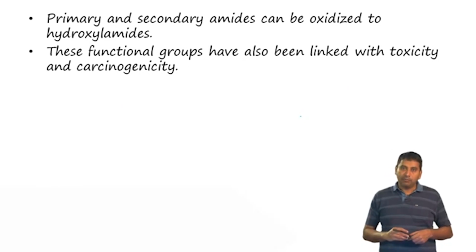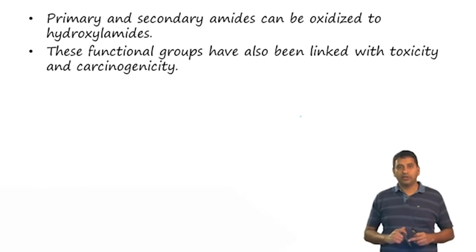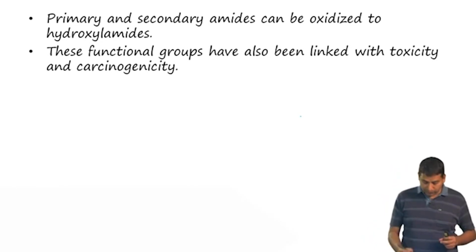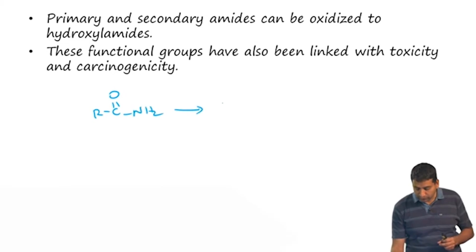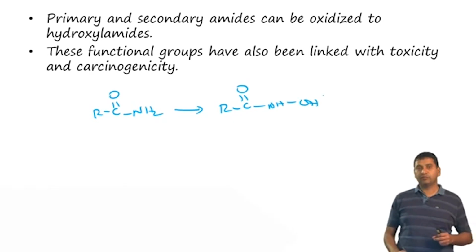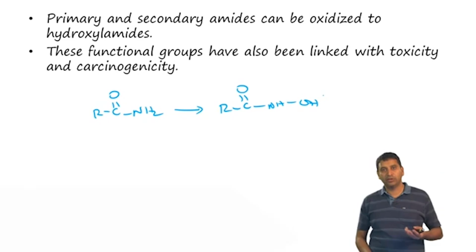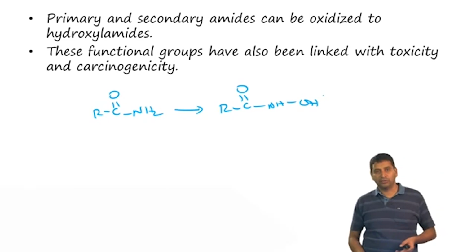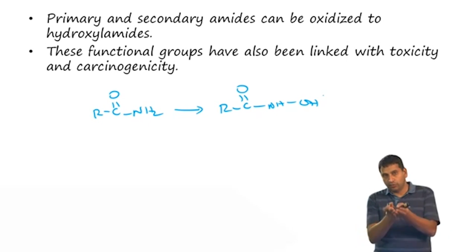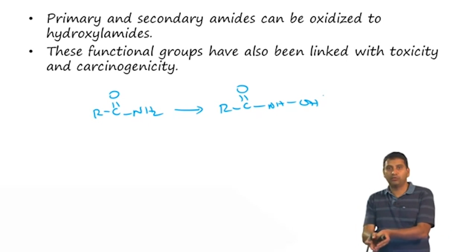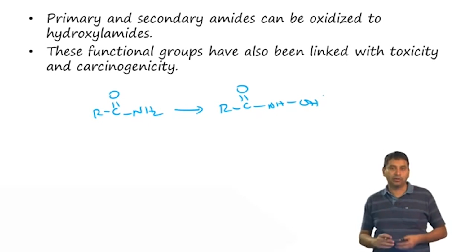Primary and secondary amides can also be oxidized to the corresponding hydroxylamides. So, when you have R C double bond O NH2, these can also undergo oxidation to form R C double bond O NHOH, and these are some functional groups that have been associated with toxicity and carcinogenicity. And so, one needs to understand whether an amide that is going to be formed has a propensity to form this kind of intermediate or not.